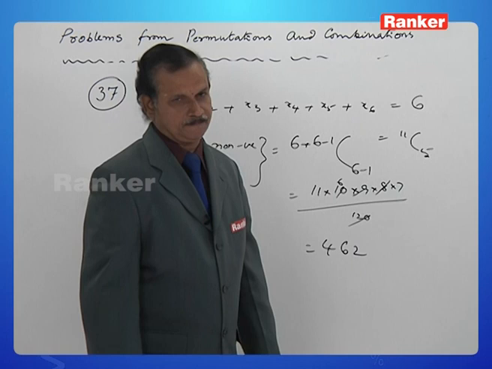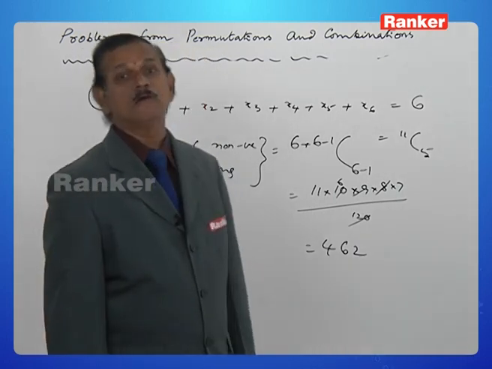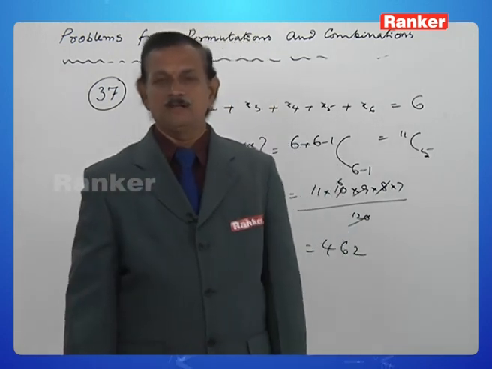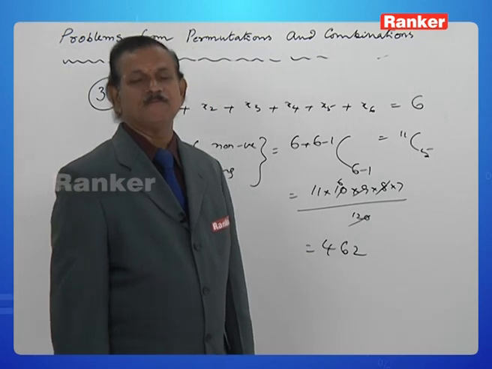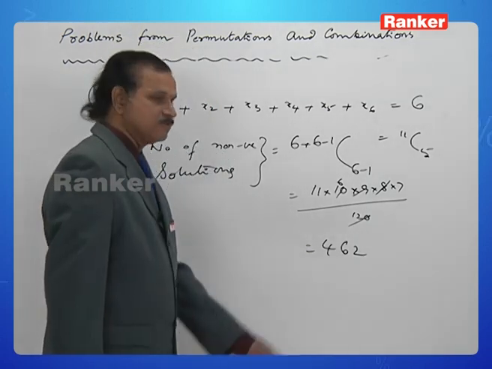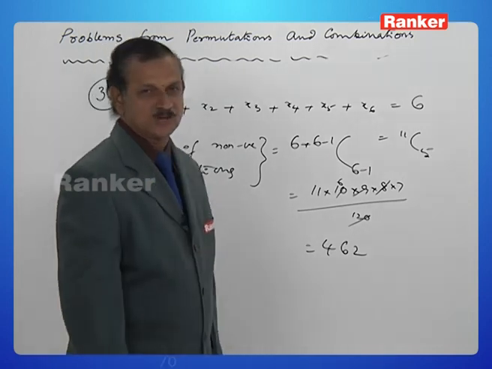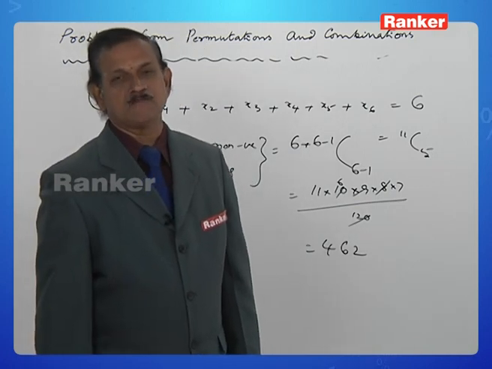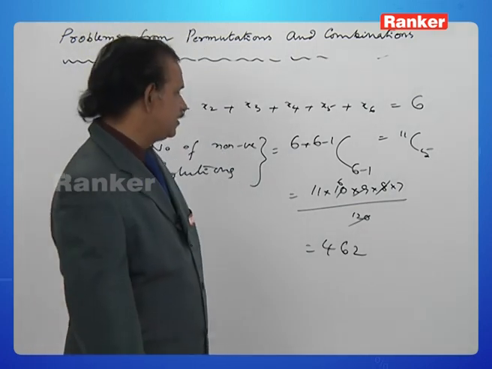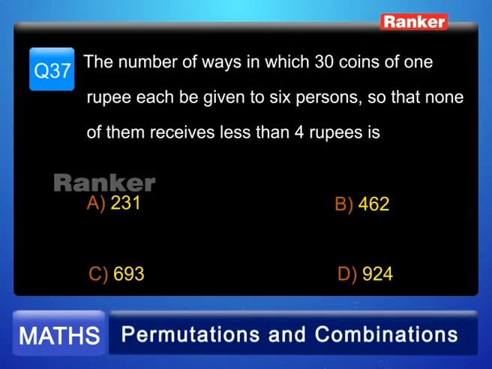So the remaining 6 coins are supposed to be distributed among the 6 persons available, and that problem can be compared with the number of non-negative integral solutions of the equation x1 plus x2 plus x3 plus x4 plus x5 plus x6 is equal to 6, which can be expressed by using the formula n plus r minus 1 c r minus 1. That is 11c5, which gives the answer as 462. That is the right option, second option, that is B.